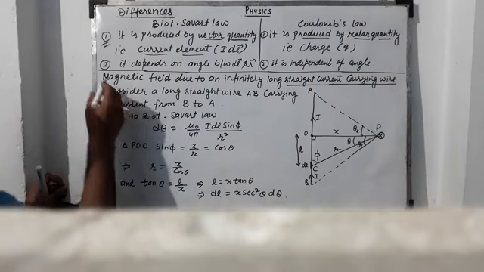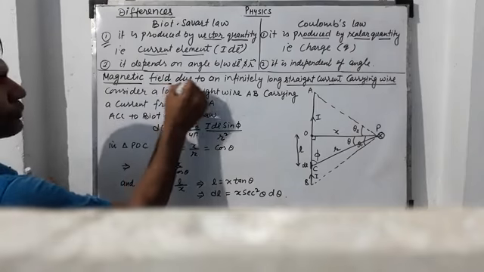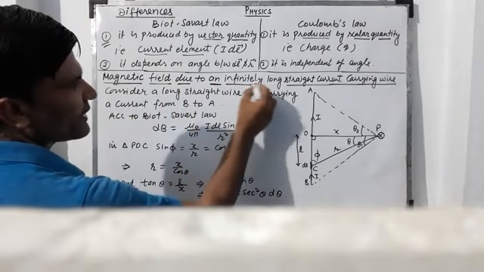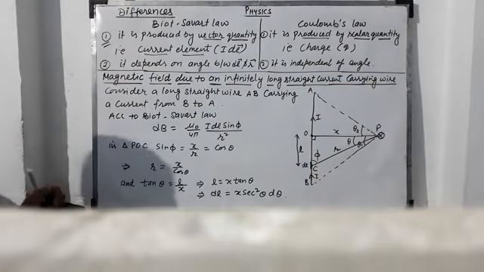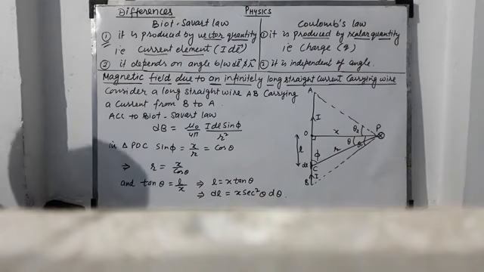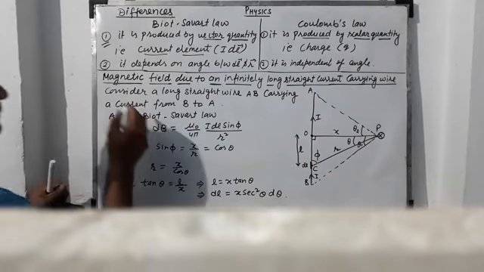Now a new topic is magnetic field due to an infinitely long straight current carrying wire or conductor. For this we take a wire AB.